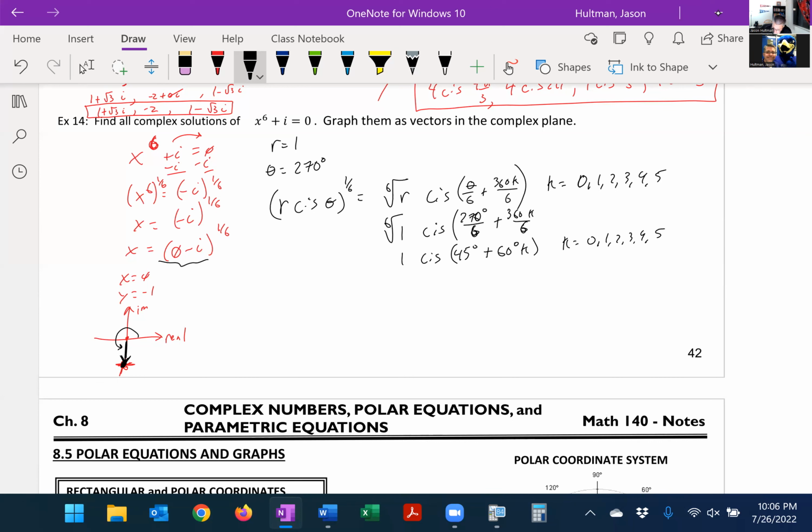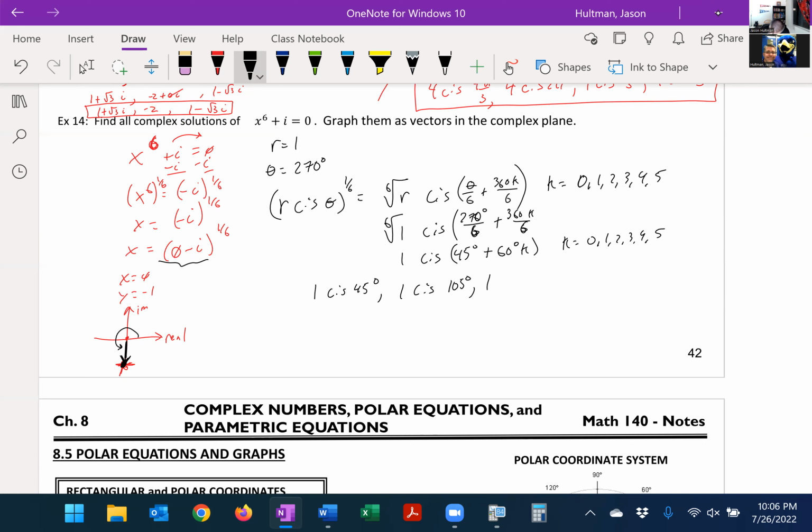What are all 6 complex solutions going to look like? Well, if I let k be 0, then I get just 1 cis 45 degrees. And then the next one, 1 cis, what's 45 plus 60? That's 105 degrees.